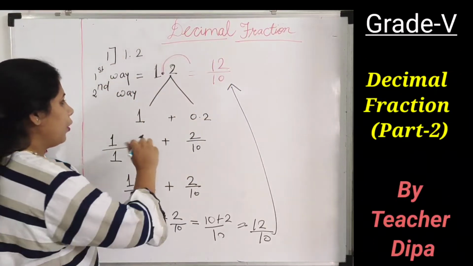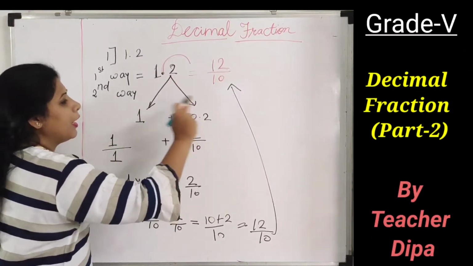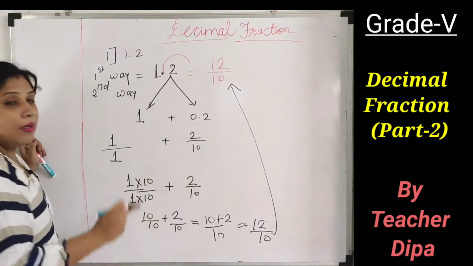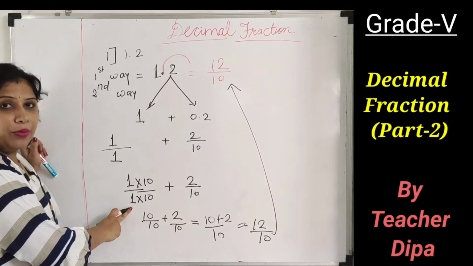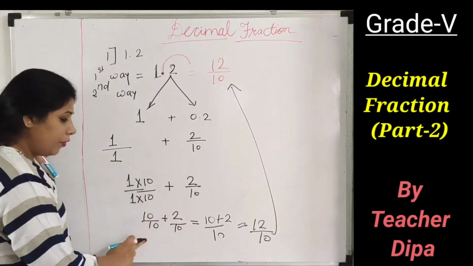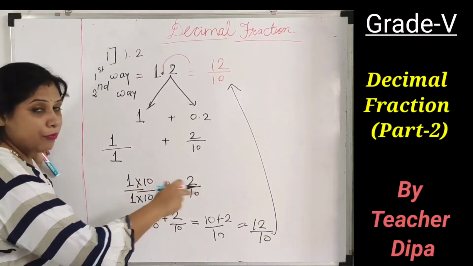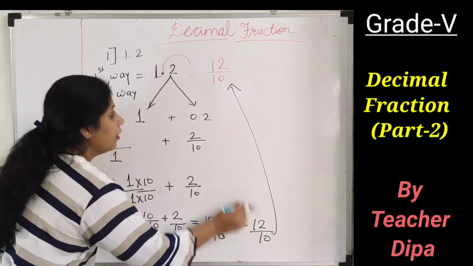Getting it? So what I am doing here, I am just splitting the decimal number into the whole and its tenth form. Then we will take the LCM of both the denominators. Then again we will make the fractions in equivalent form, and then we can add and we will get the number.